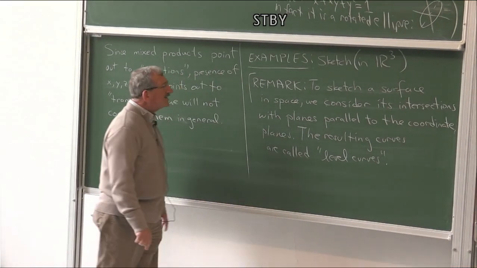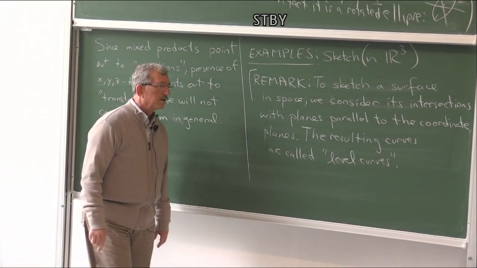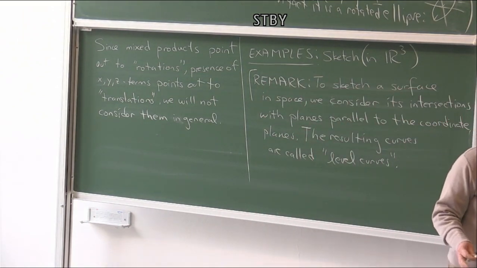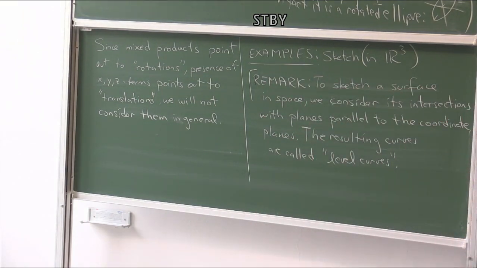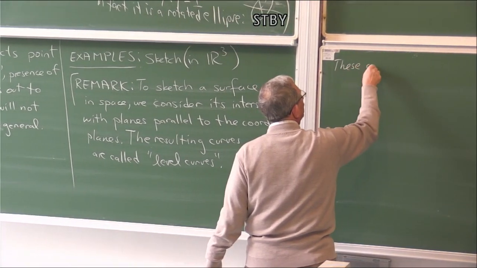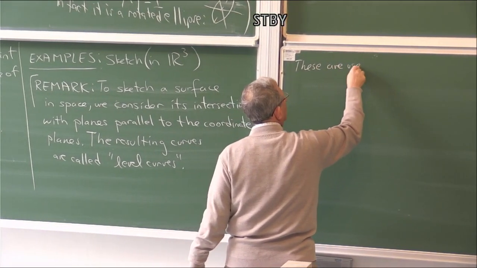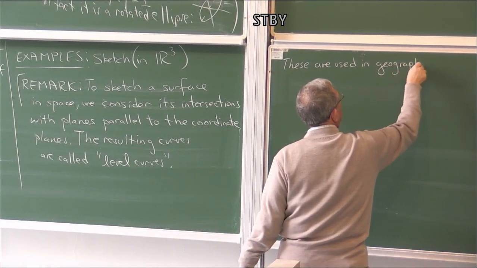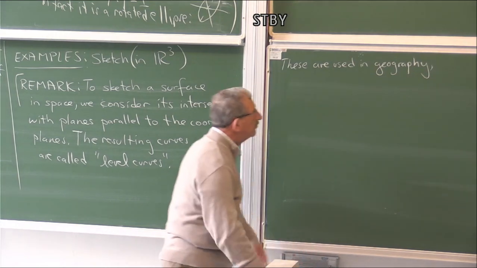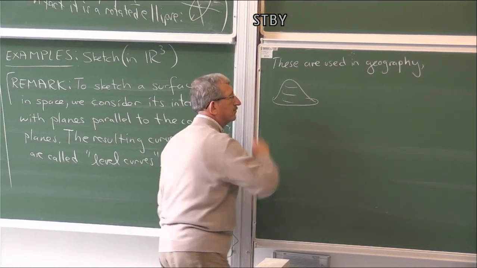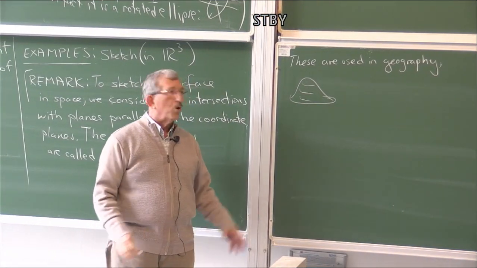Okay. This approach is used a lot in geography. You must have noticed in geography things like this. These are actually used in topography, but nevertheless, suppose you have a hill like this, and you want to show the heights.